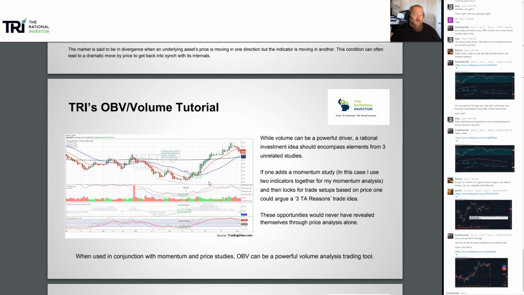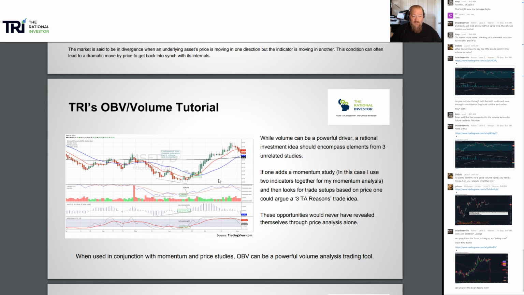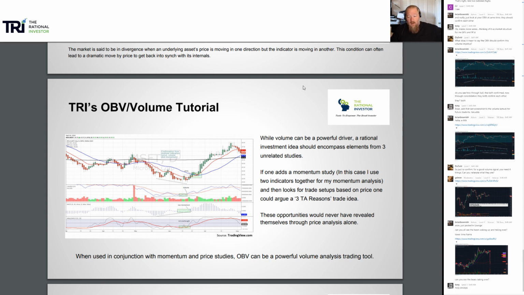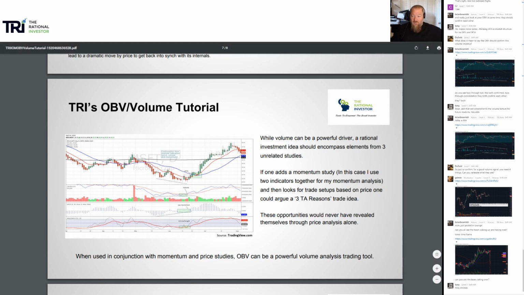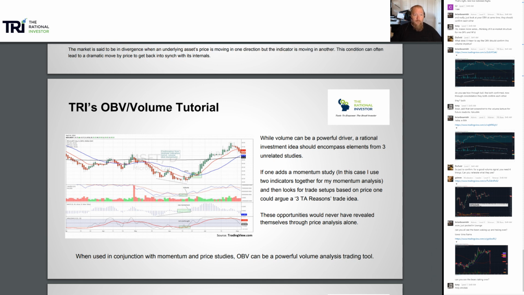Then we just need to wait for some kind of market structure on the price itself to get us in. A lot of false opportunities present themselves when you just look at one indicator. But when you look at the three together, it really nails down the best opportunities to get in. When you have good location, good divergence and structure on things like OBV and momentum studies, and then you have price structure itself, these three things together are what we want to trade on.